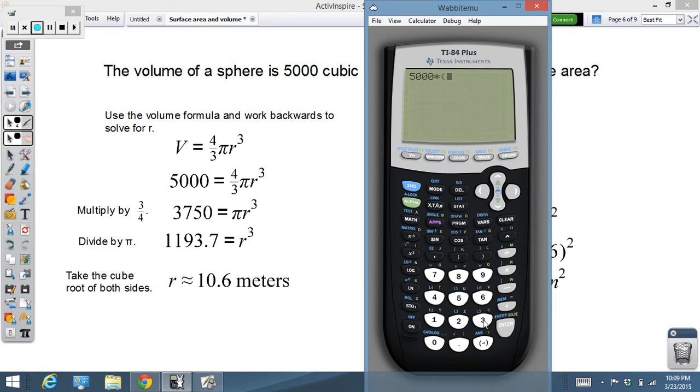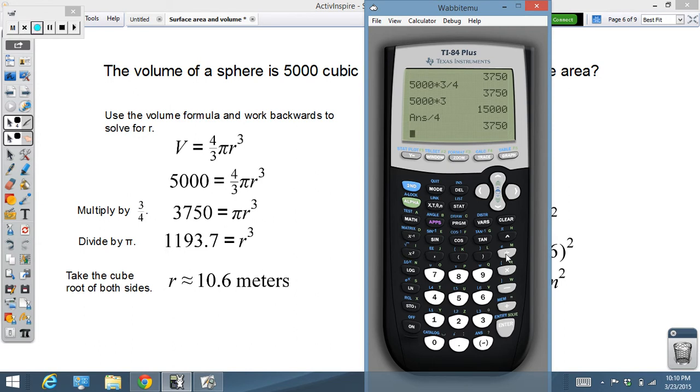We could multiply times 3 over 4, all in parentheses, and there's our 3750. We could also take our 5,000 times 3 divided by 4, and that would work. Or even do it times 3, enter, divided by 4, enter, and there's our 3750.